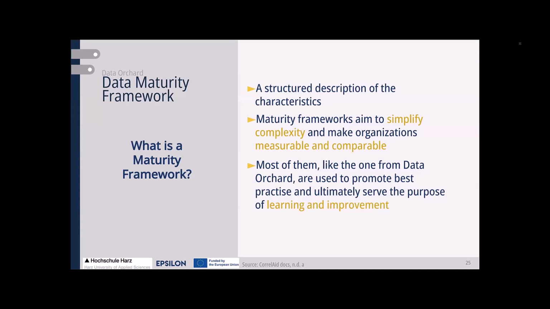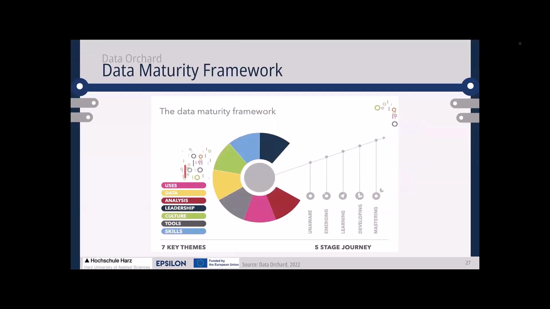Most of the frameworks, like the one from DataOrchid, are used to promote best practice and ultimately serve the purpose of learning and improvement. So after you conduct such a maturity test, you know at which stage of data your organization is in. And here we would like to provide an example of the data maturity framework.